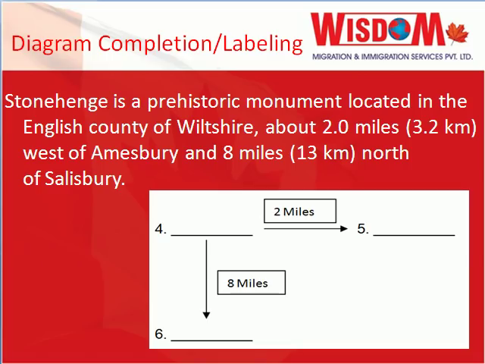So in option 4 we can easily insert Stonehenge as it is located 2 miles west of Amesbury. So at number 5 your answer will be Amesbury. Also Stonehenge, which is at number 4, is located 8 miles north of Salisbury. So at number 6 we have Salisbury.